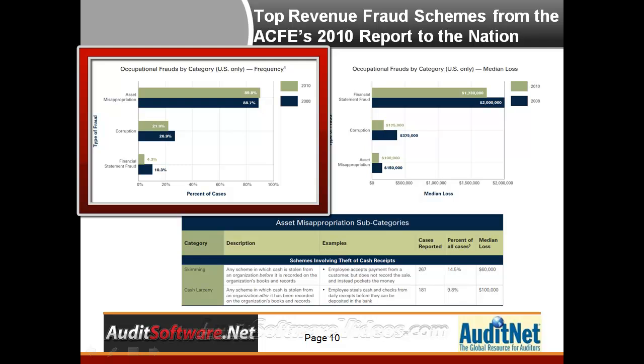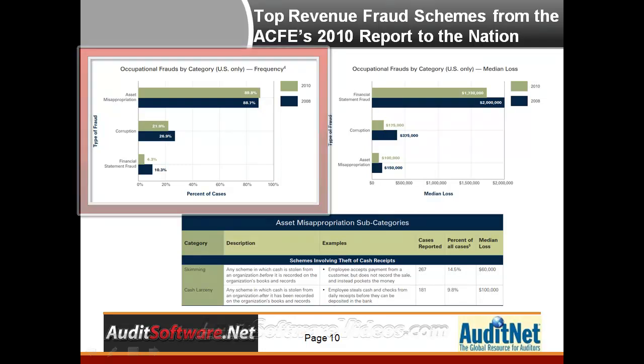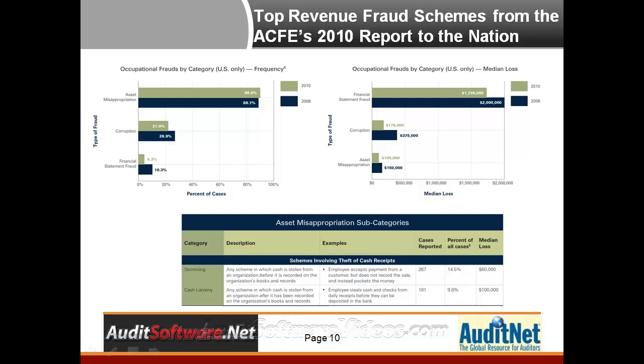However, asset misappropriation, skimming being a big part of that, is very high, because I guess it's a lot easier just to steal some cash or inventory than it is to enact a large financial statement fraud where there are a lot of people looking at it, and we'll talk about that in a second.